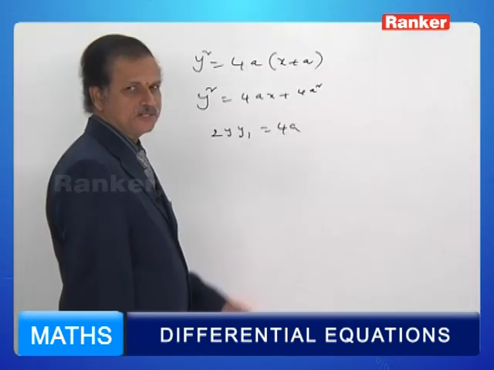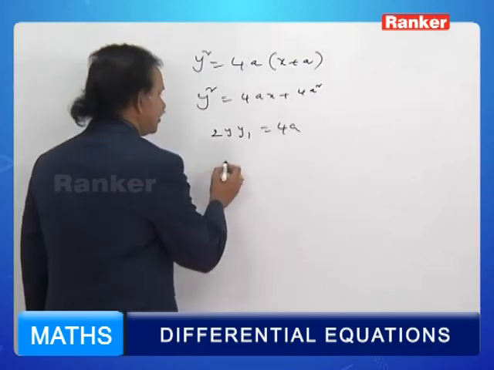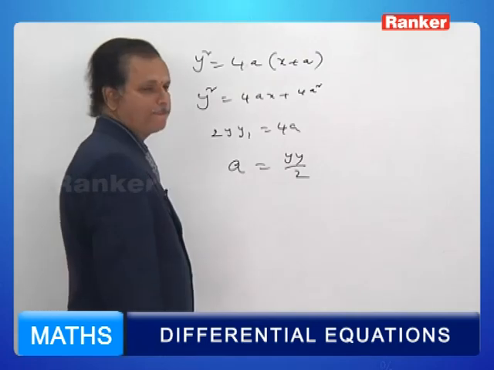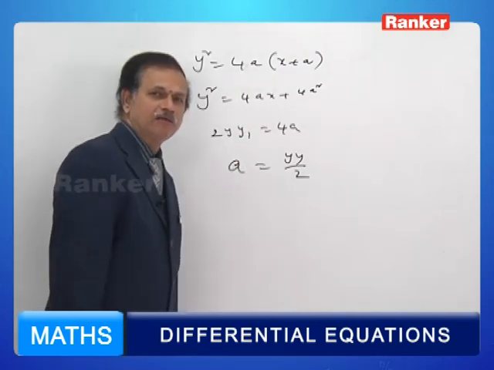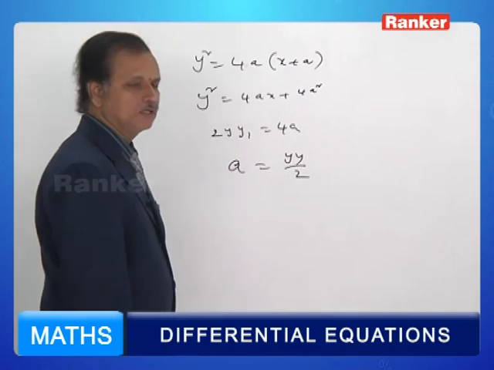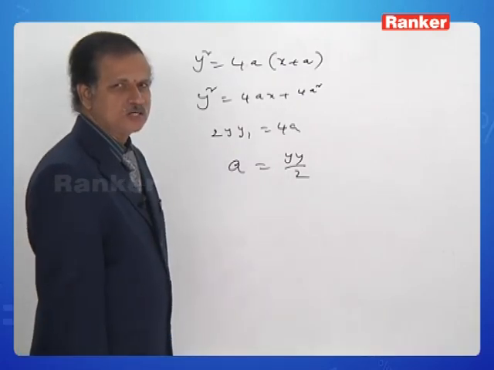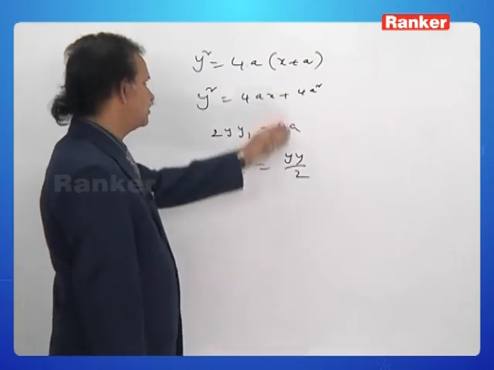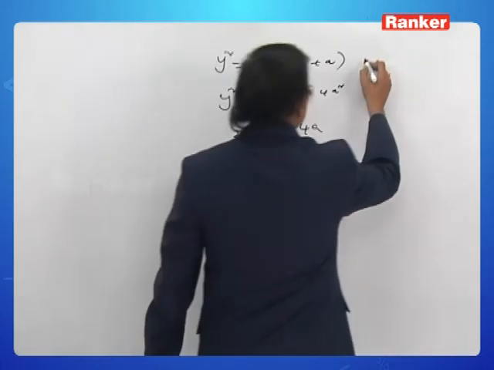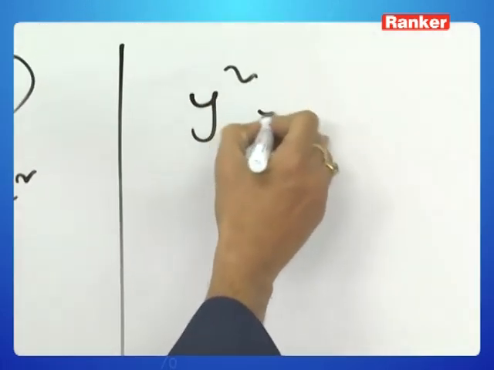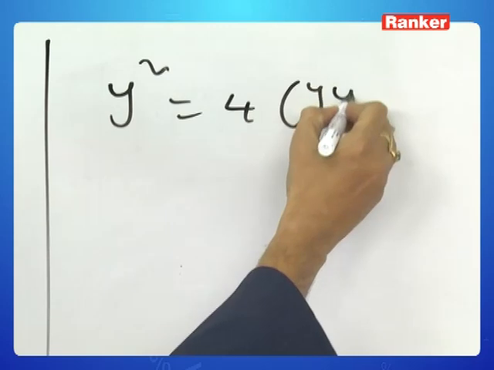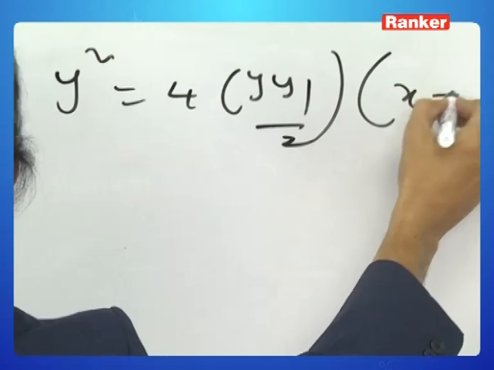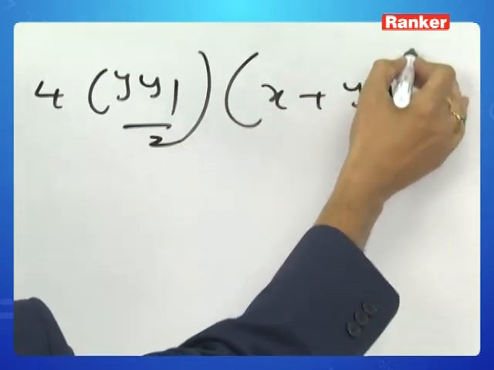From here, 2a is equal to y y1 and hence a is equal to y y1 by 2. Why is it necessary to know a? We will substitute this there. What is going to happen? y square is equal to 4 into y y1 by 2 into x plus y y1 by 2.